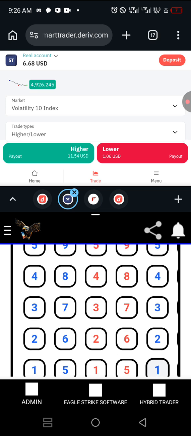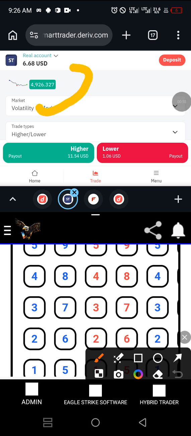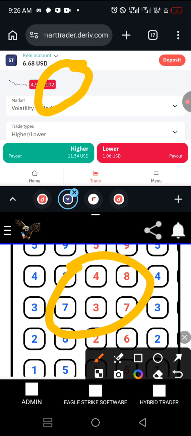Basically, as a beginner, all you have to do is watch the last digit of this trading platform and press the button here, and it will be mapping it. The mapping will give you a direction. Whatever direction it gives you will tell you whether to go lower, which is sell, or go higher, which is buy.